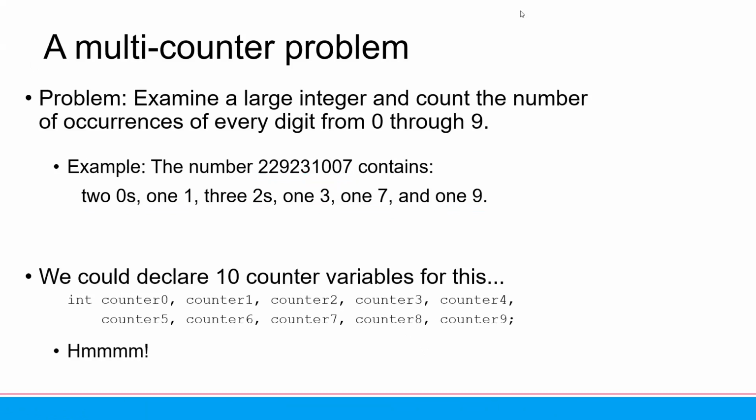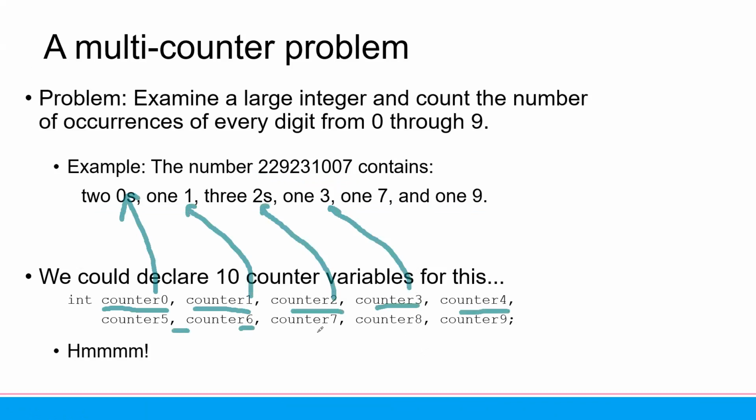I will store counter0 for counting the number of 0s, counter1 to count the number of 1s, counter2 to count the number of 2s, counter3 to count the number of 3s, and counter4, 5, 6, 7, 8, and 9. This is one way, but there should be a more efficient way.